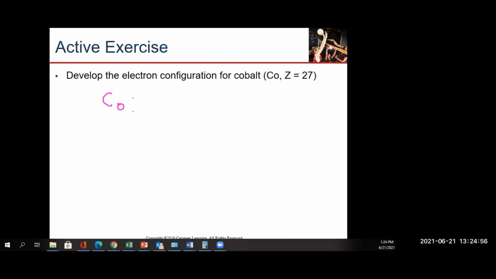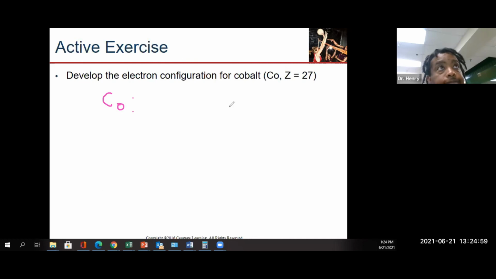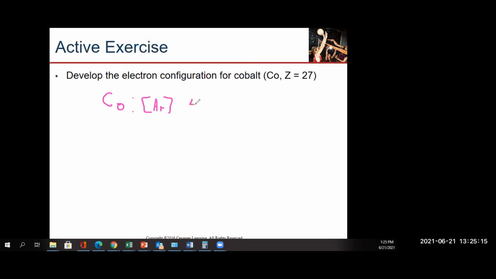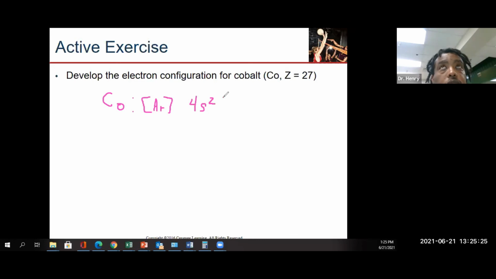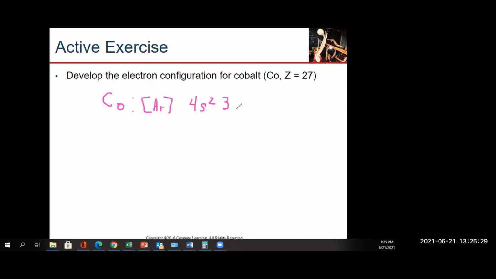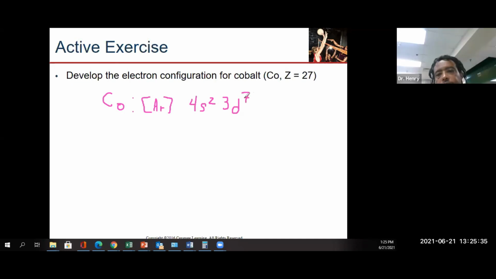Argon in brackets, then 4S2, and 3D7. Okay. Piece of cake.